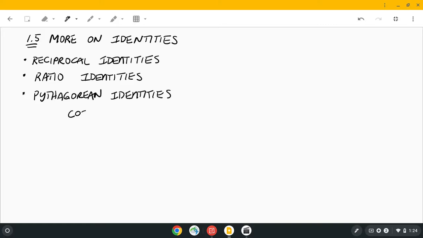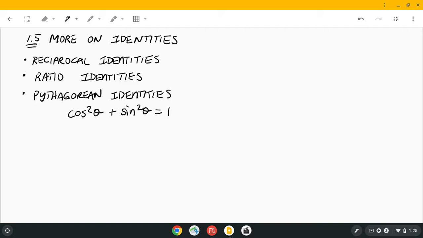We have the one: cosine squared plus sine squared equals 1, and that came from the Pythagorean theorem. And then we took this one and we derived the other two by dividing both sides by cosine squared and then dividing both sides by sine squared.